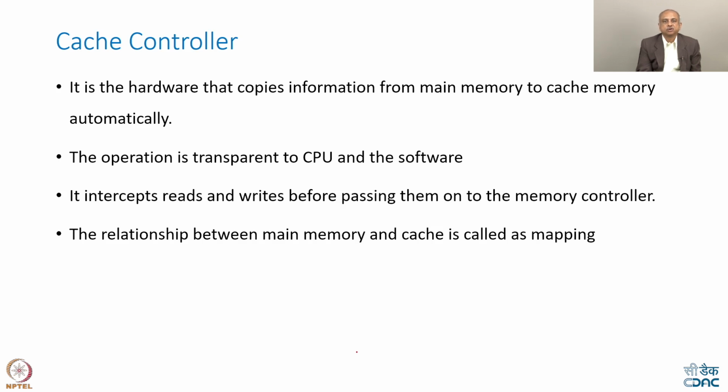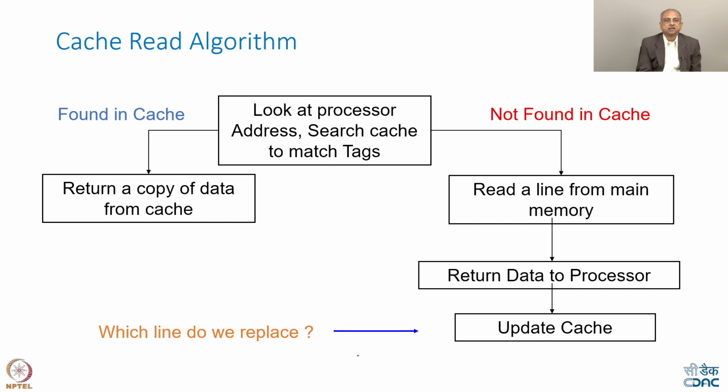And to facilitate this operation, there happens to be a relationship between the main memory and the cache, how the cache is organized, and this is called mapping. What I have mentioned in the previous slide is depicted in a flowchart manner here. The read algorithm for the cache is as follows: CPU generates the address, the cache controller looks at the processor address, looks for the tags whether any of the tags match.